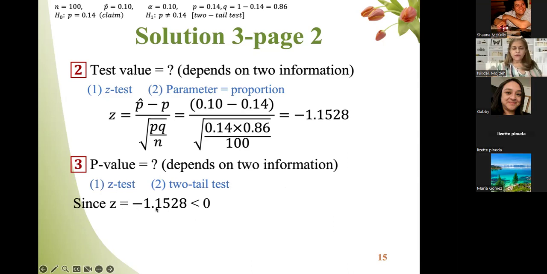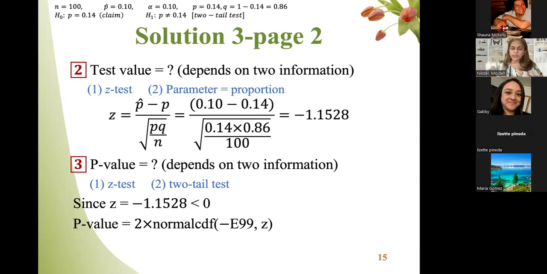Z is negative 1.1528. Since it is negative, I find the area of the left tail and I double it, and I get my p-value. So the p-value is 2 times normal CDF with left bound negative infinity and right bound Z. Normal CDF from negative infinity to Z gives you the area of the left tail because my Z is negative. If Z was positive, I would find the area of the right tail and then double it.